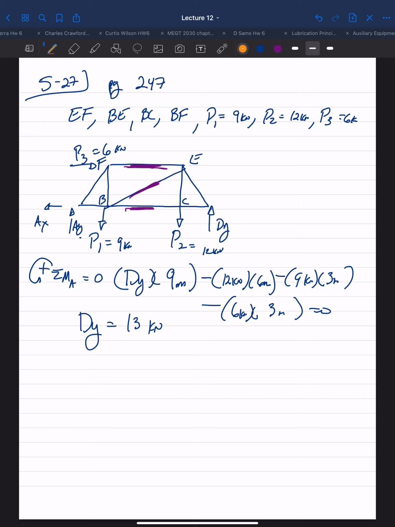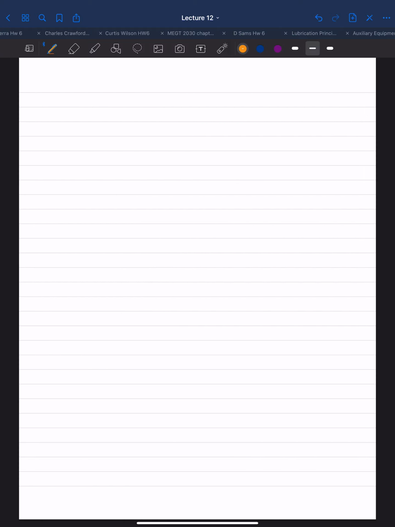So if I cut here, and if I work the right side of the diagram, it'll be a little bit easier for us. So let's redraw the free body diagram using the right side. Dy, which we just calculated, as 13 kilonewtons.